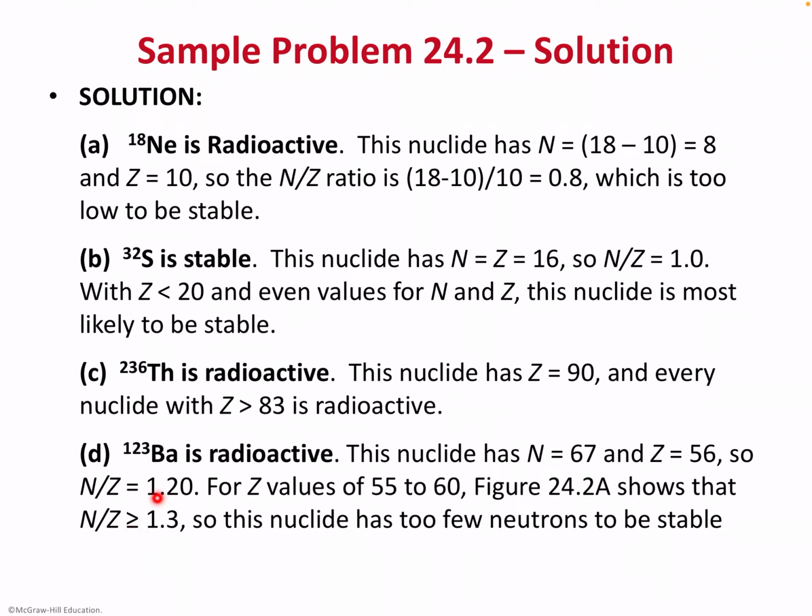But this one is only 1.2. So it needs more neutrons in order to be stable. This nuclide has too few neutrons. That's why it's 1.2. If it has more neutrons, then N would be higher, and N over Z can be greater than 1.3 in order to be stable. So as a result, barium 123 is radioactive.